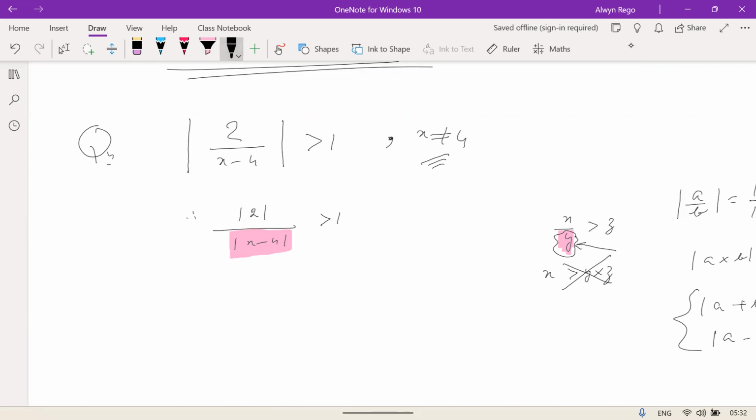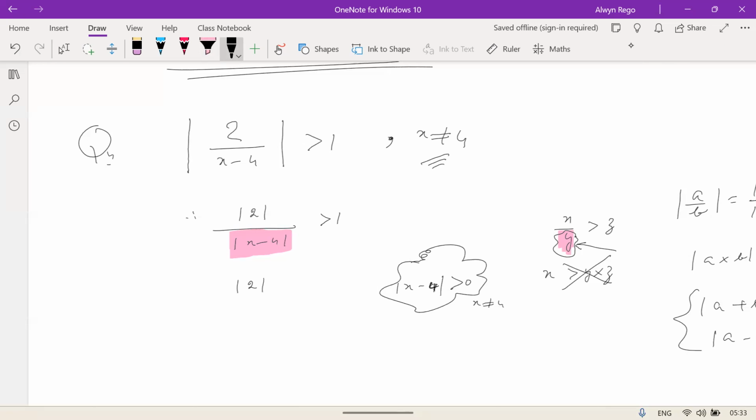But now, fortunately, I know that the absolute value of x minus 4 is always more than 0, because the absolute value is always more than or equal to 0, and x is not equal to 4. So confidently, this value is more than 0 here. So if I'm multiplying both sides by the absolute value of x minus 4, it's absolutely fine, because I've analyzed that this is positive.